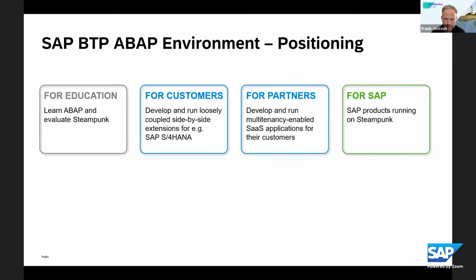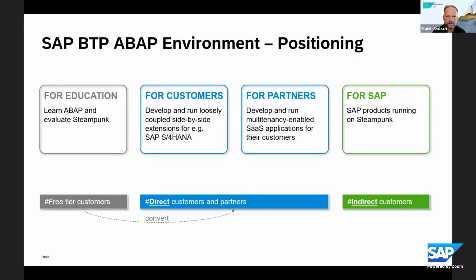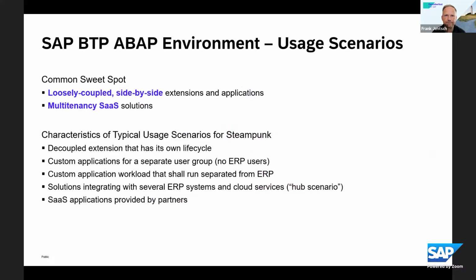And last but not least, we are also using Steampunk for other SAP products on SAP's price list. Of course, we also want to drive the conversion from free tier to direct customers and partners. And we also want to have indirect customers of the products on top of Steampunk.